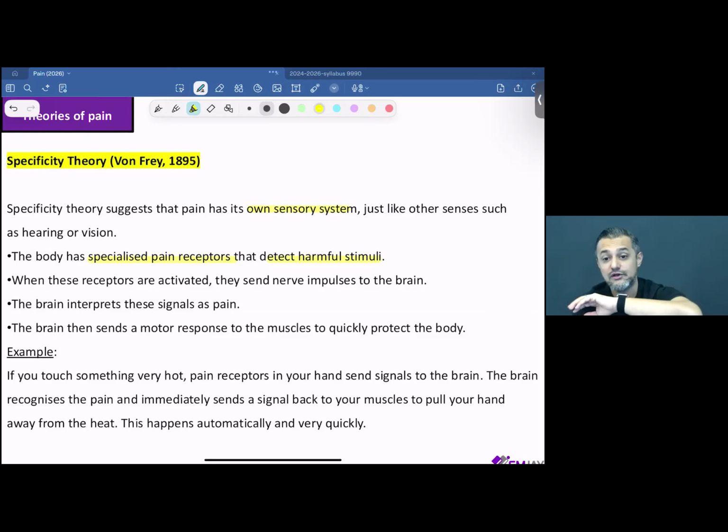Now, if you've hurt your elbow, that means physically one thing exists here, and here your sensory pain receptors got activated and they were able to detect that harmful stimuli.